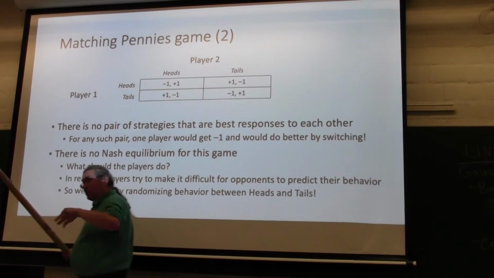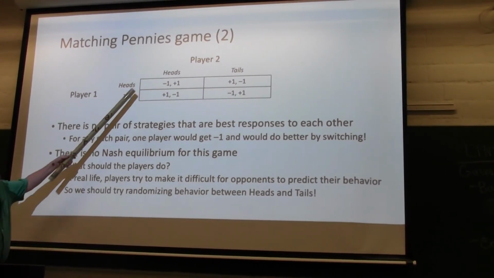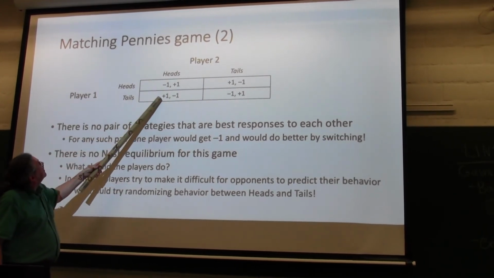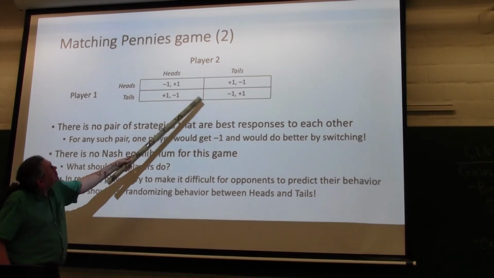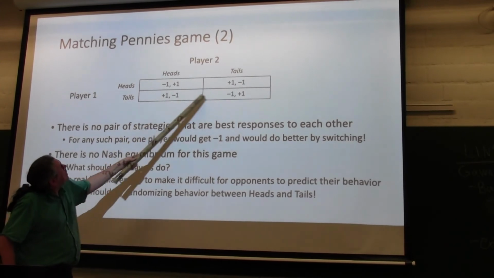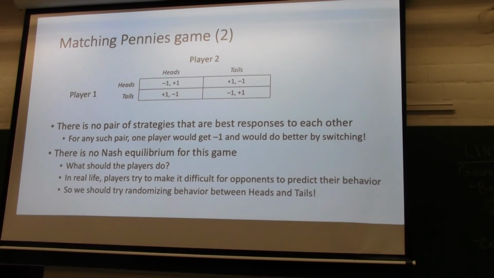Because you can always pick the other one and it's flipped around, okay? So if player two picks heads, then player one picks tails. But if player one picks tails, then player two will also pick tails, okay? So there's no pair, there's no Nash equilibrium.